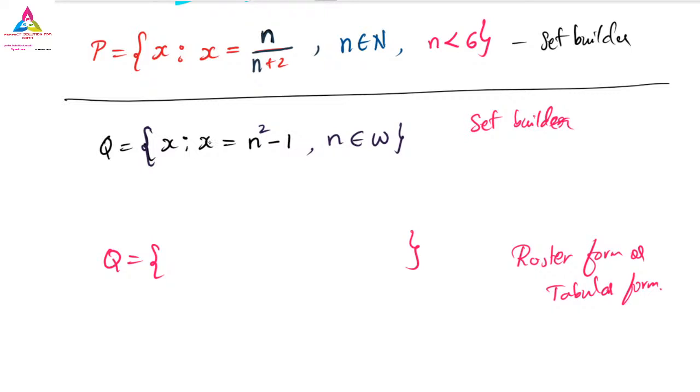So first, x is such that x is n square minus 1. Here, what type of number does the n value refer to? See, n is not a natural number. Remember, n is not a natural number. n refers to a whole number.